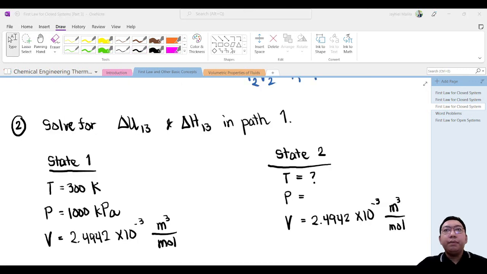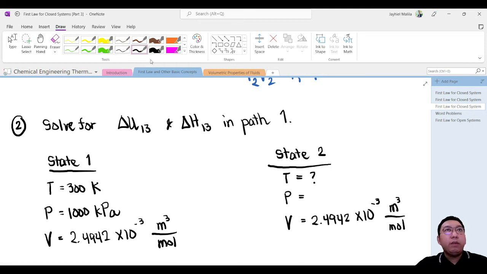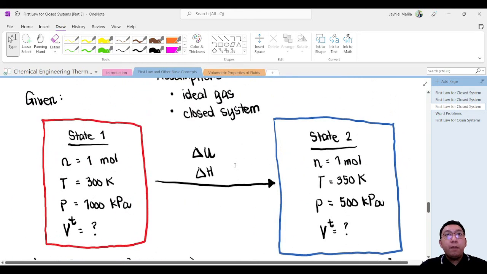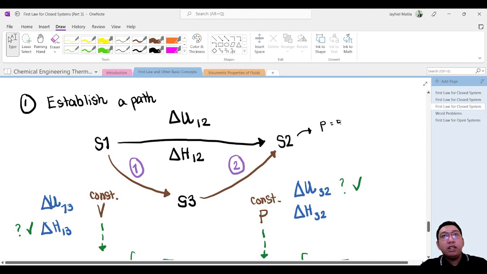So you might wonder, what's the value of the pressure here? We know that there are changes in the temperature from state 1 to state 3. Remember that in your alternative path, you are expecting that state 3 and state 2 will have a constant pressure. And in the problem, it was stated that the pressure in state 2 is 500 kPa.